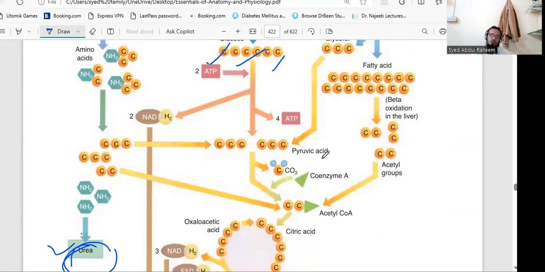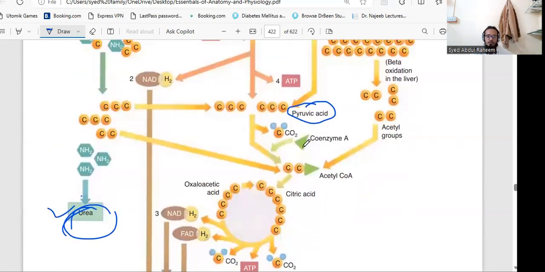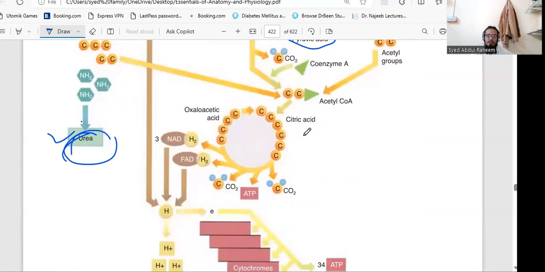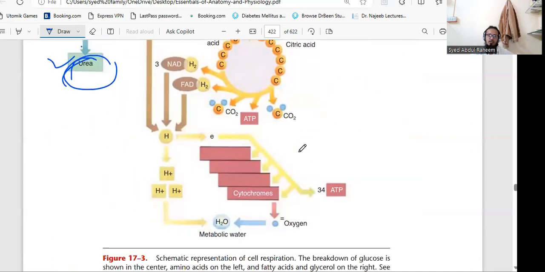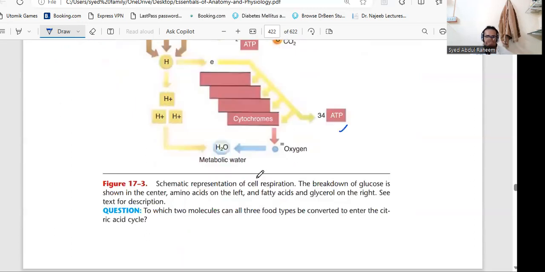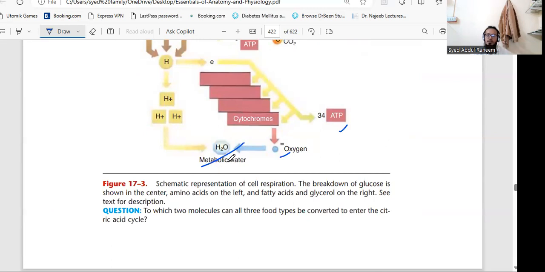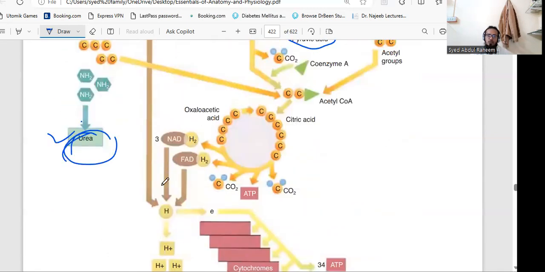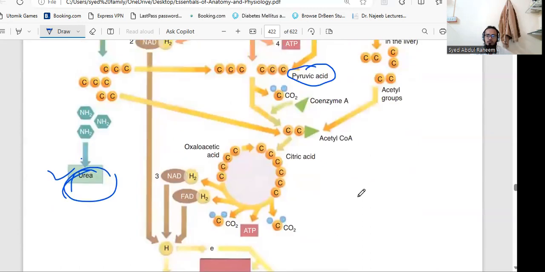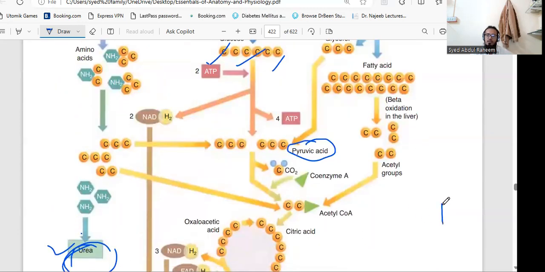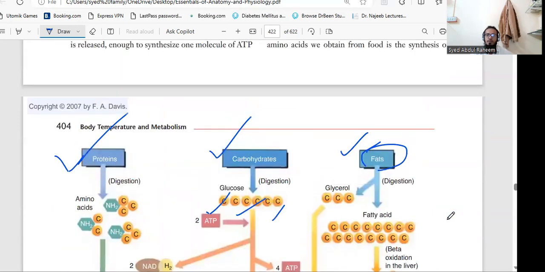After energy is produced, we have pyruvic acid. We have the other cycles, the citric acid cycle and so on. After that, the end products are ATP, oxygen, and metabolic water. Some metabolic waste like urea is also there.